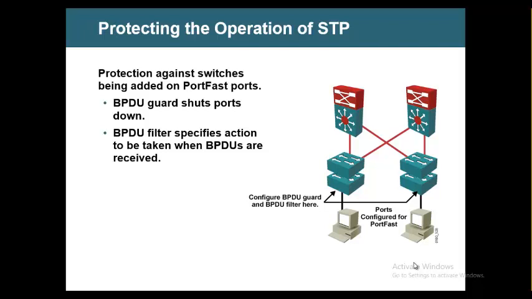You see, switches send a special packet called BPDU. BPDU stands for Bridge Protocol Data Unit. So BPDUs are very important for STP to find out if there is going to be a loop.